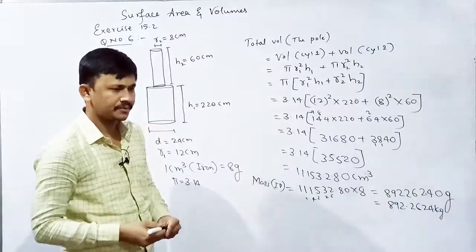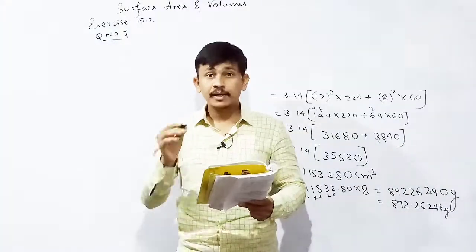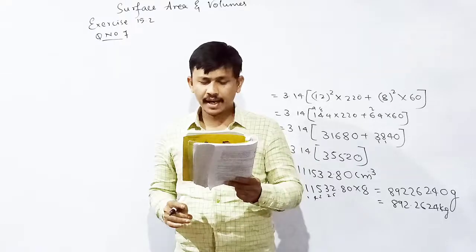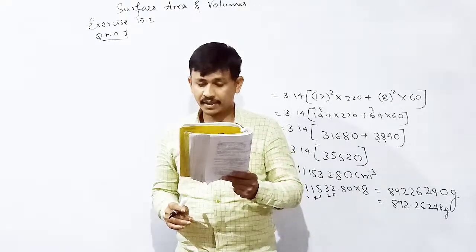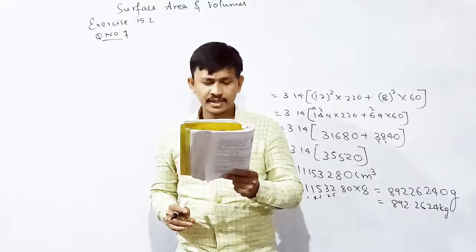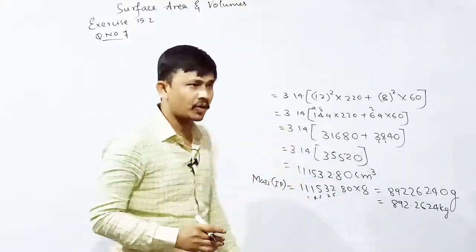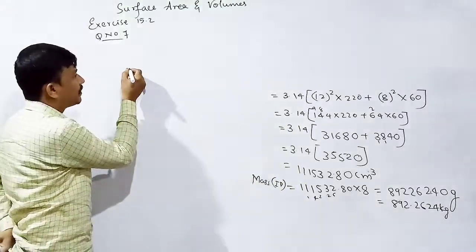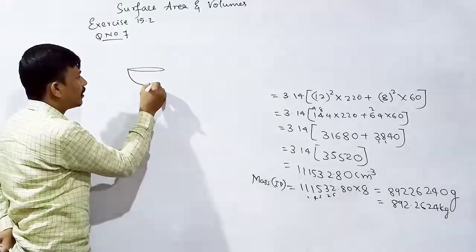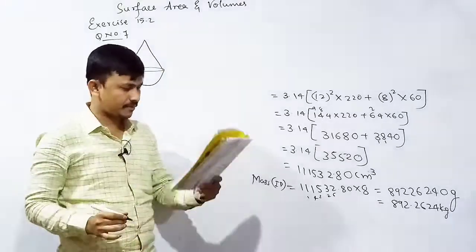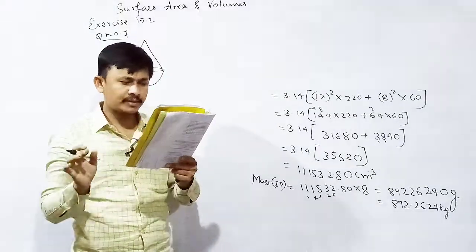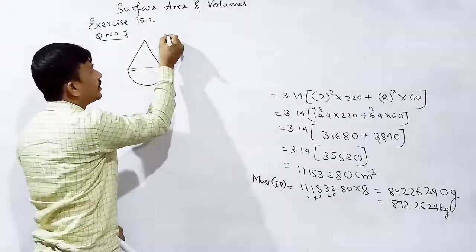Check it out. A solid consisting of a right circular cone of height 120 centimeter and the radius is 60 centimeter standing on a hemisphere. A cone is standing on hemisphere. What is the height of the cone here? 120 centimeter.